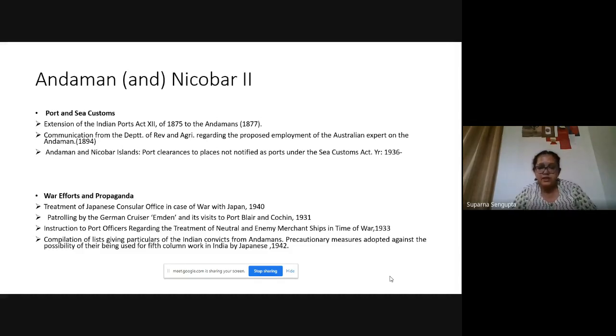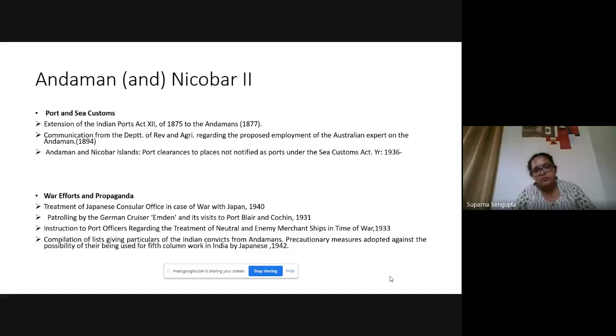And in 1936, port clearances were also given to places which were not notified as ports under the Sea Customs Act. With the war coming, then in 1940, there were issues as to how the Japanese consular office was to be treated.